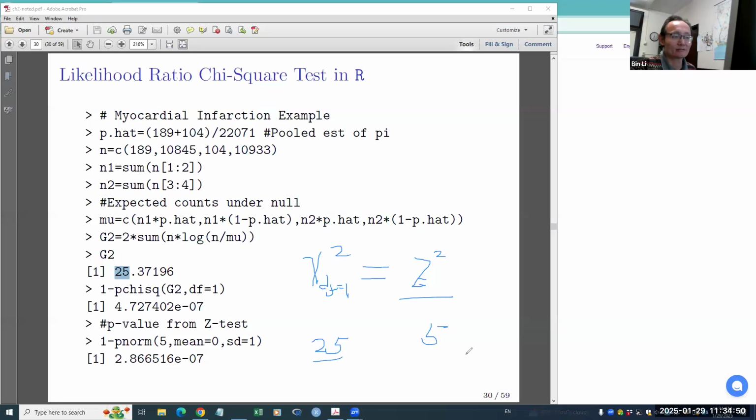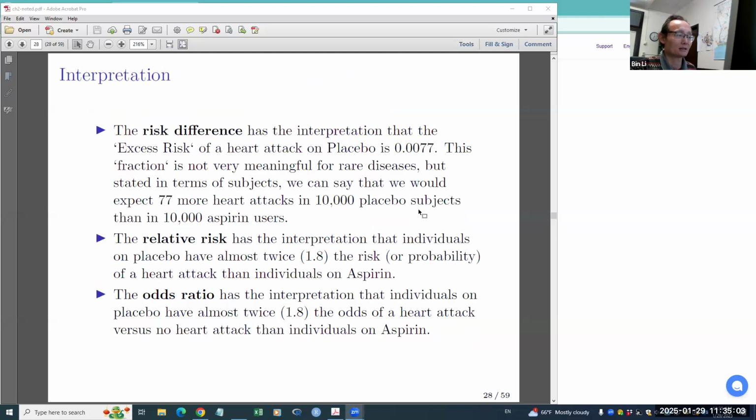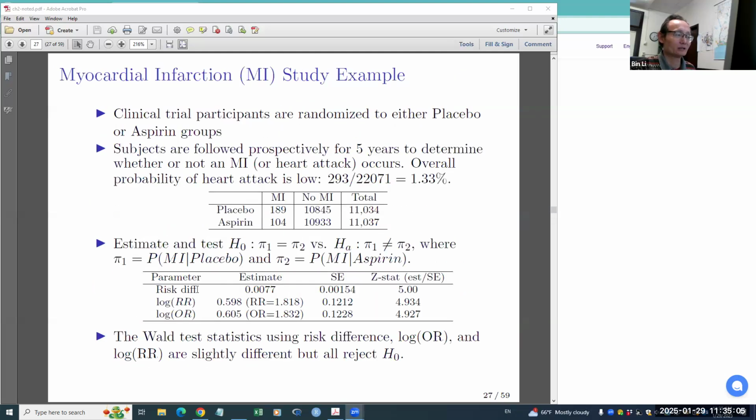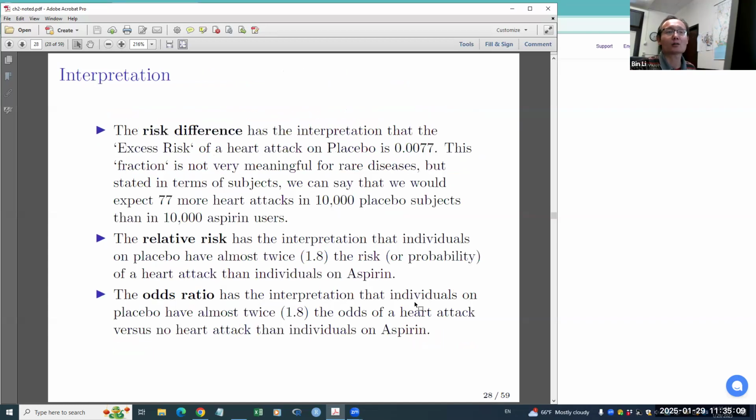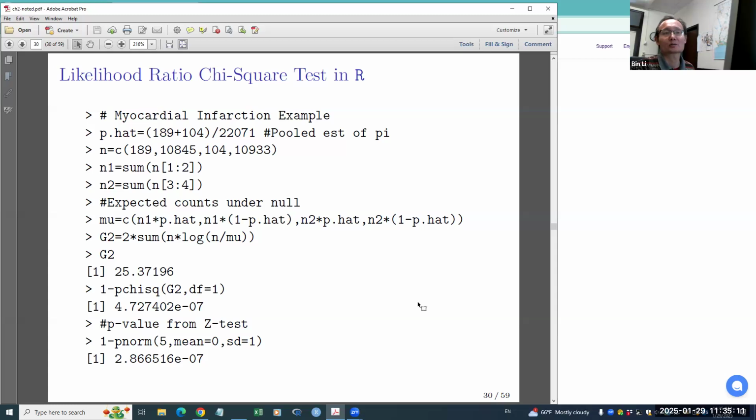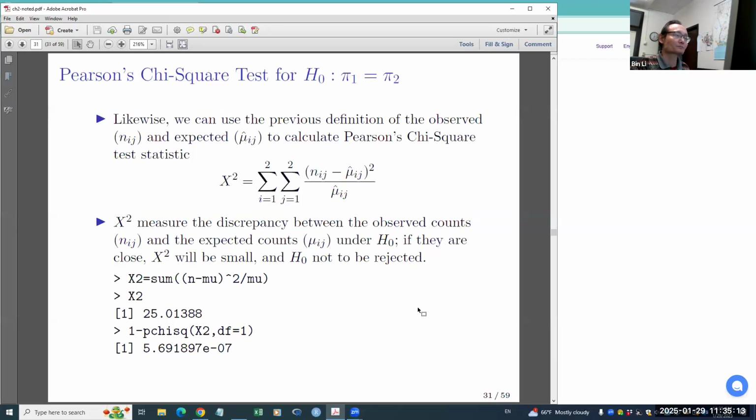So that is equivalent. That means using the likelihood ratio test gives us very similar results as using the relative risk, the risk difference, or the odds ratio. They all four give us very close results.